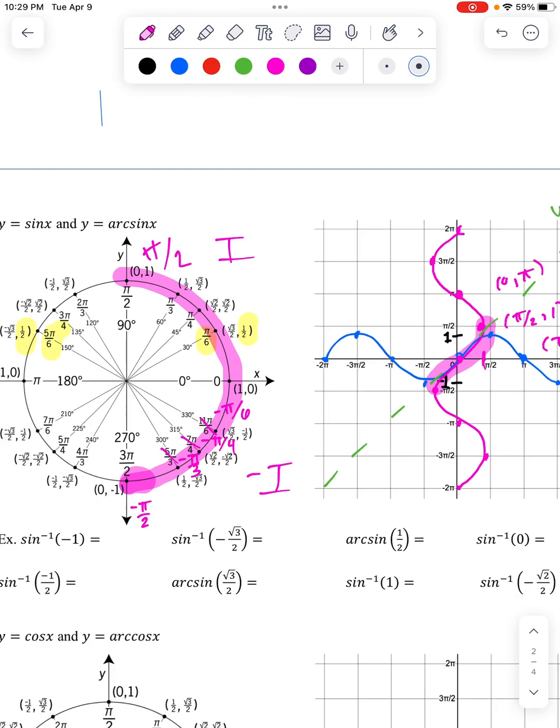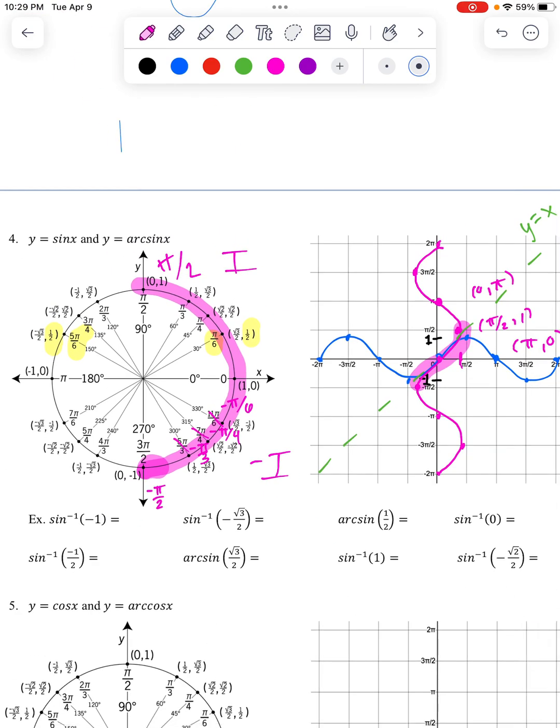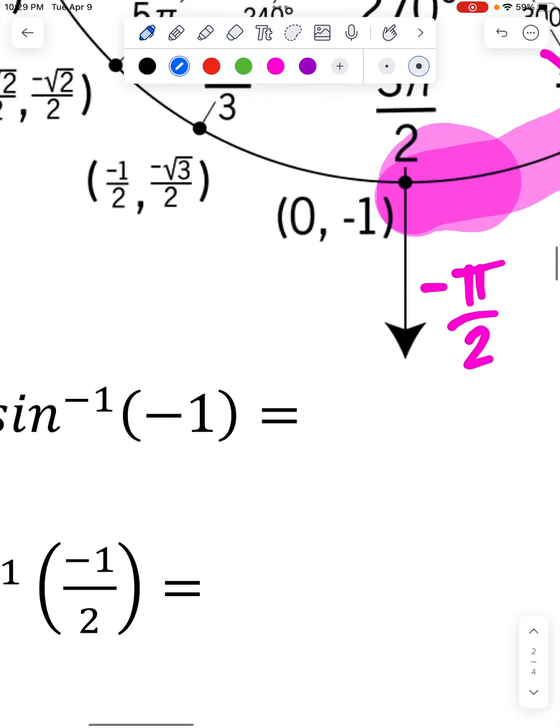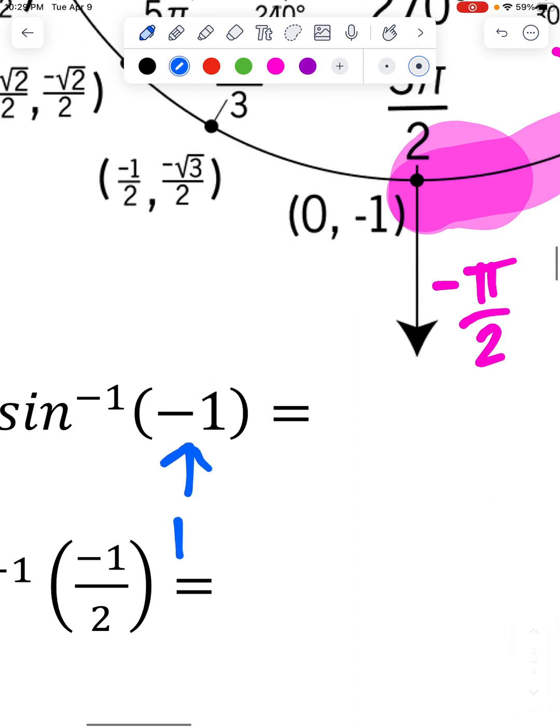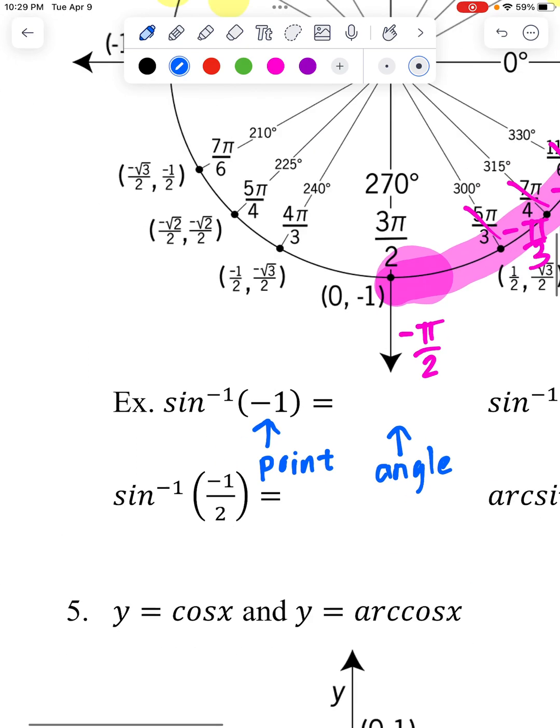Let me show you how this would look. Like these questions down here I have as examples. This is what you could see on a homework assignment or a quiz. So inverse sine of negative 1. Remember, this input is my point, and I'm going to output an angle.